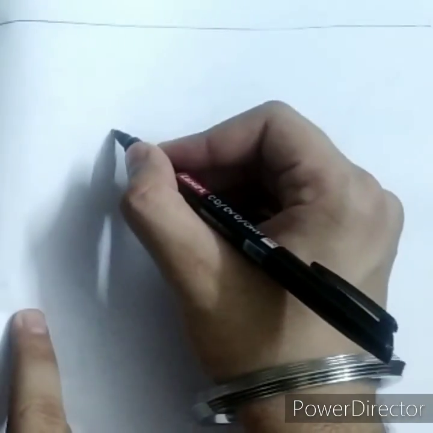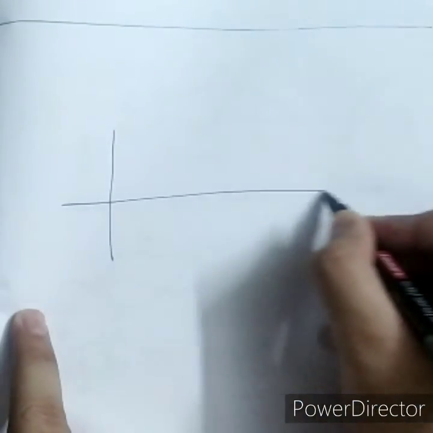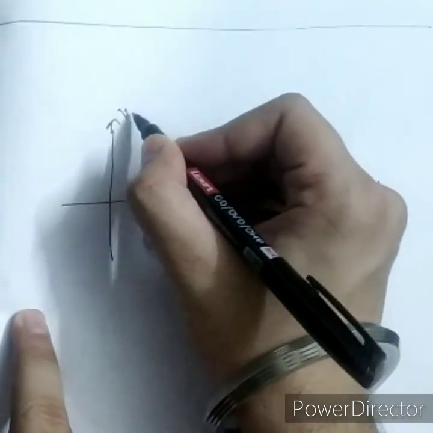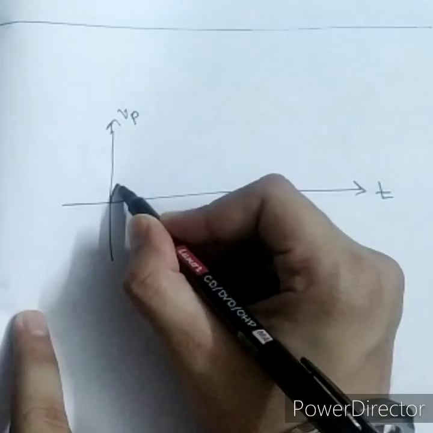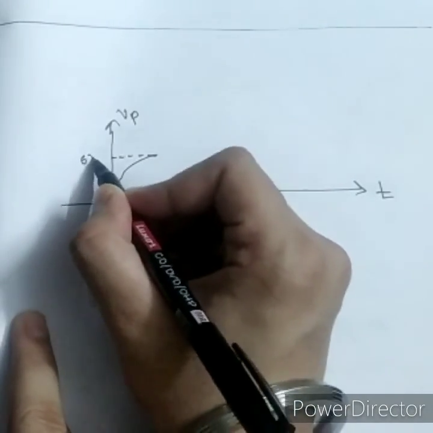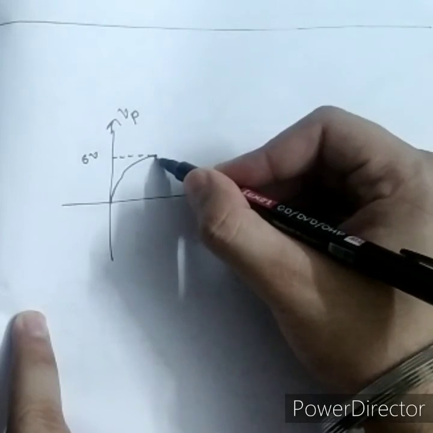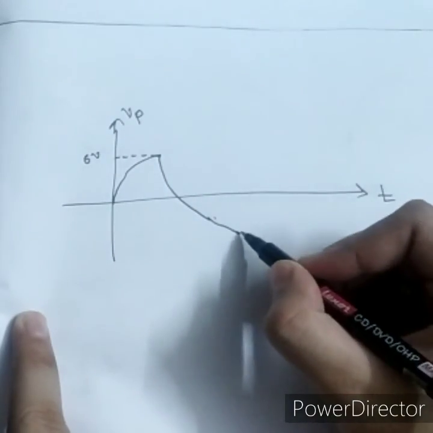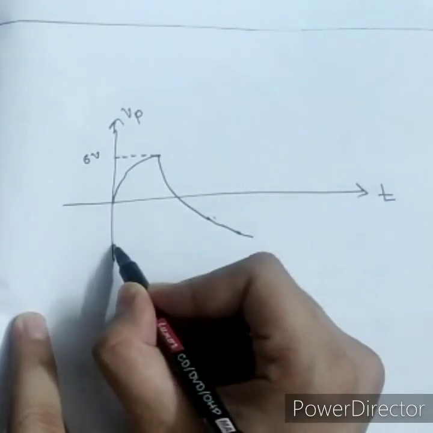So your final voltage VP will look like this. Initially it was 0, it charges to 6 volt, VO switches, it discharges again to minus 10 volt.